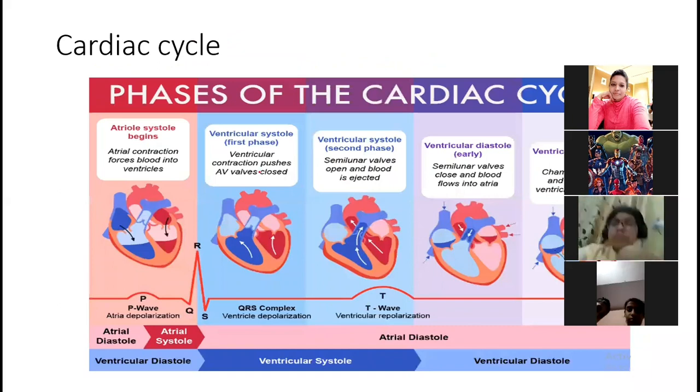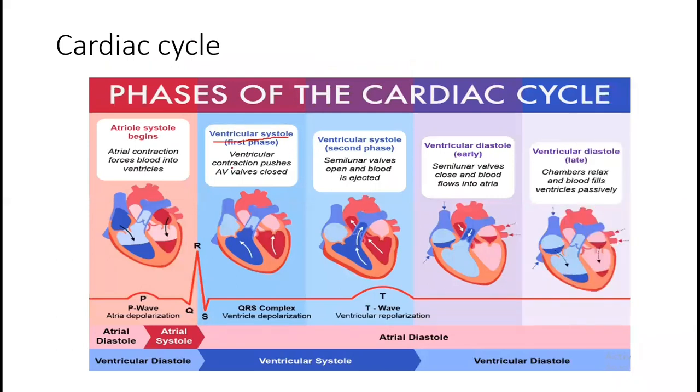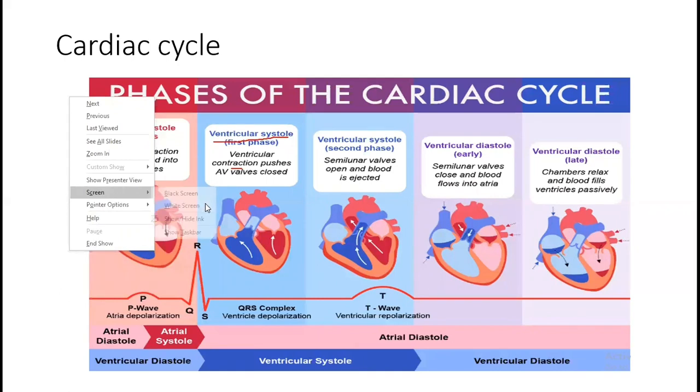Okay. Now the second phase is ventricular systole. As the name suggests, when the ventricles start contraction. Now again I am drawing that rough diagram. The beginning phase was when the atrial wall contracts and blood goes into the ventricles.